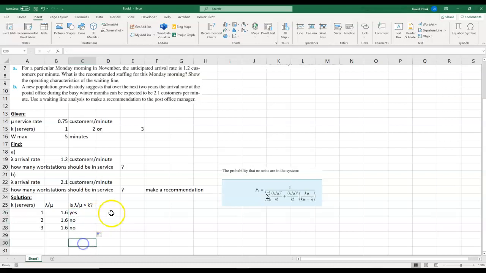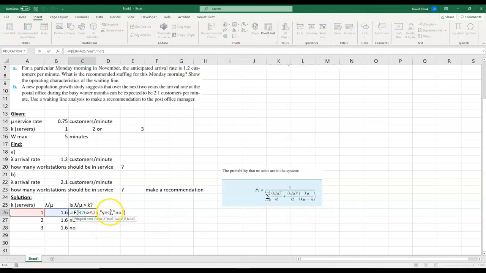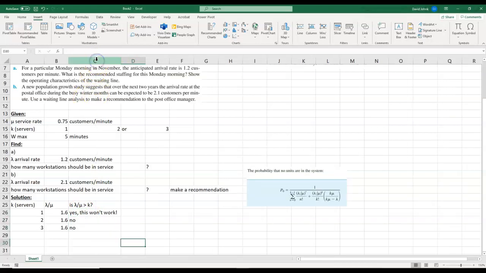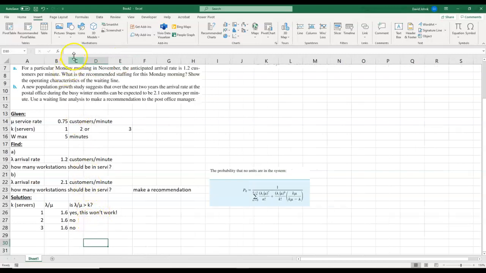Now the reason we're asking that question, if it is, this won't work. Maybe we should say yes, this won't work. Okay. And if it's not, then we can proceed, right? So we can't calculate.